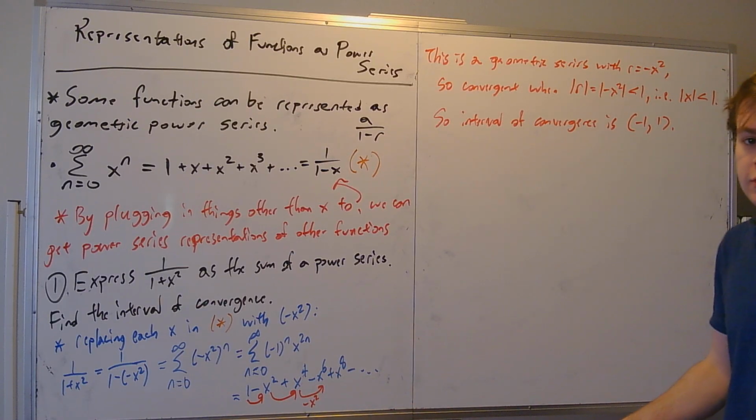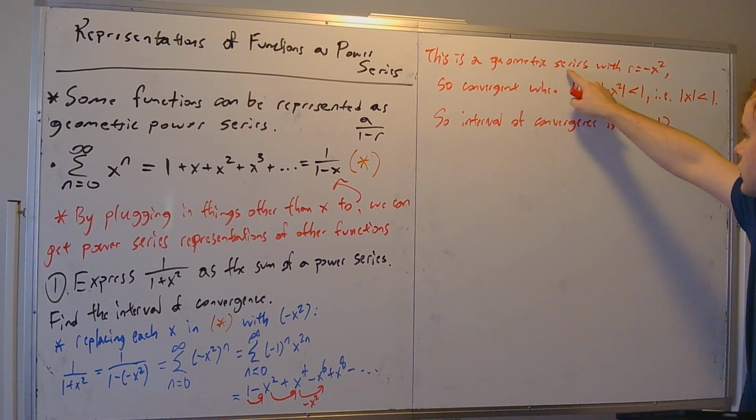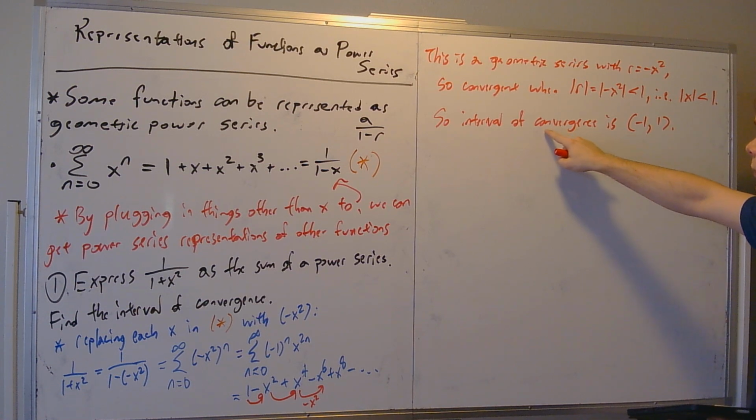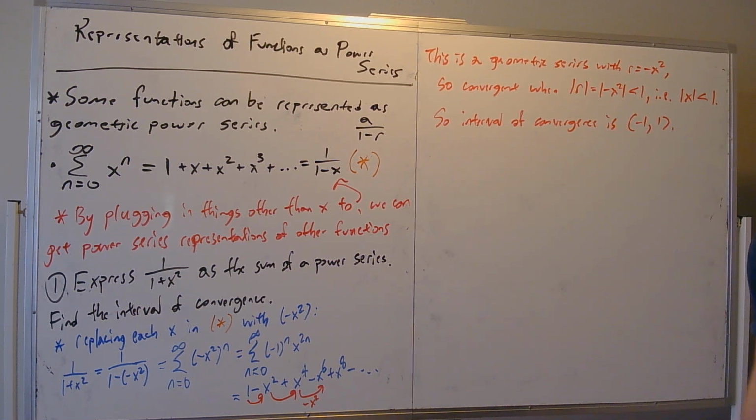And if you do that infinitely many times for something that's not 0, then you're going to get infinity, so it's going to diverge. So using the geometric series test, this is always going to converge exactly when the absolute value of r is less than 1.